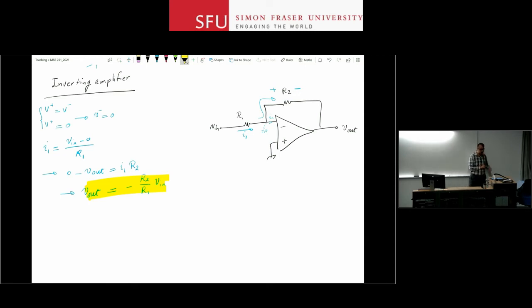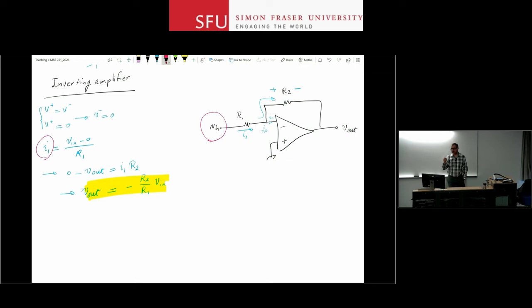Now I'd like you to think for a second about what happened here. What happened here is that the op-amp created that virtual ground in your circuit at, let's say, the middle node between R1 and R2. And by doing that, we could faithfully convert V in into a current. So the current here is just proportional to V in divided by that resistance, right?